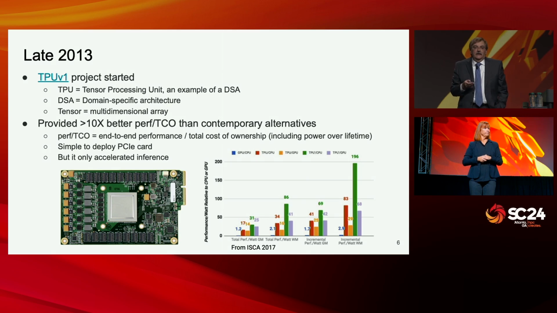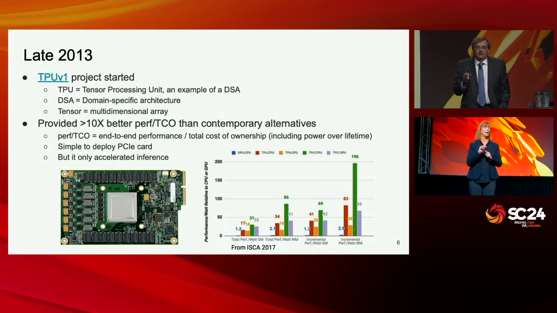So in late 2013, we started the TPU v1 project. And I named it because the ML workloads were basically tensor mathematics. We had GPUs and CPUs, and so it made sense to have a TPU.